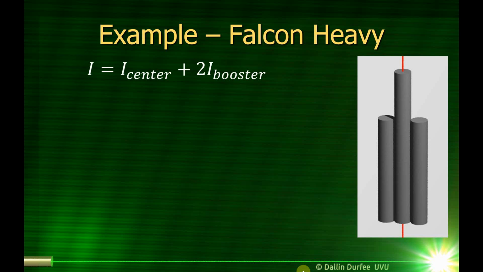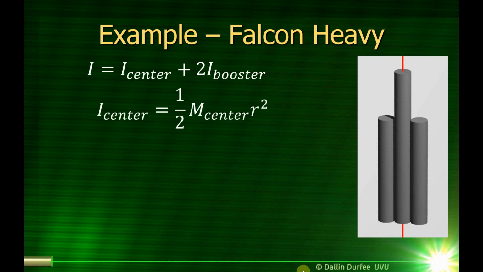So the total moment of inertia is the moment of inertia for the central cylinder rotating about that axis, plus the 2 boosters. But each of the boosters is the same distance from the axis. There's some symmetry here, so each of the boosters should have the same moment of inertia. So we'll just do 2 times the moment of inertia for one booster.